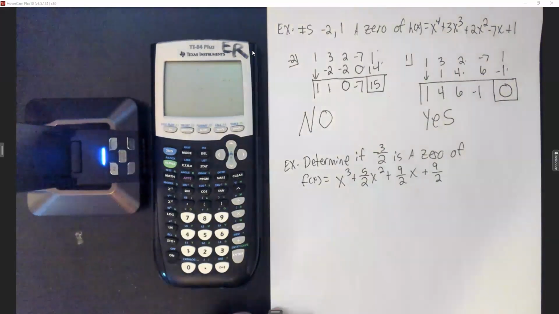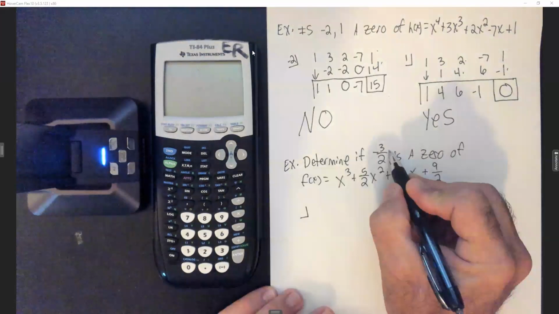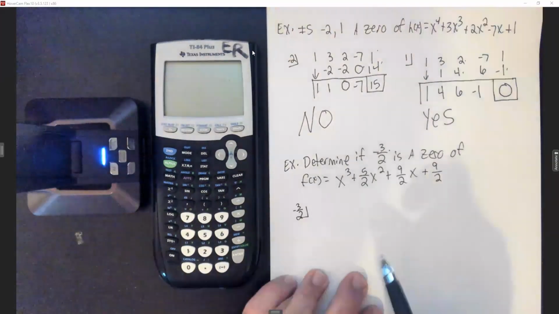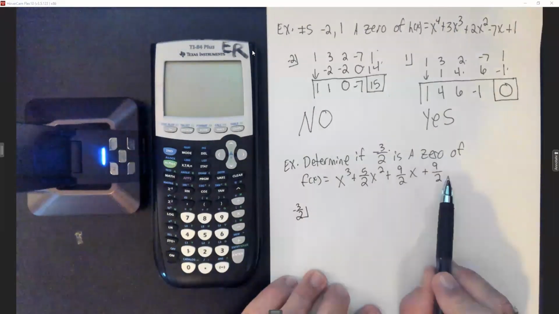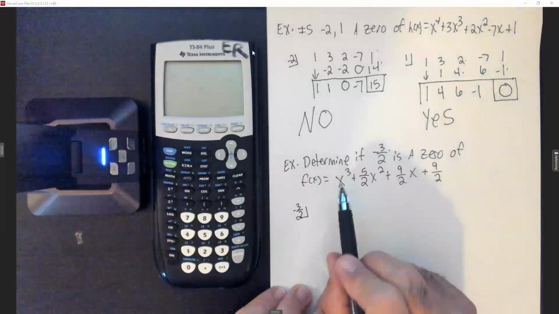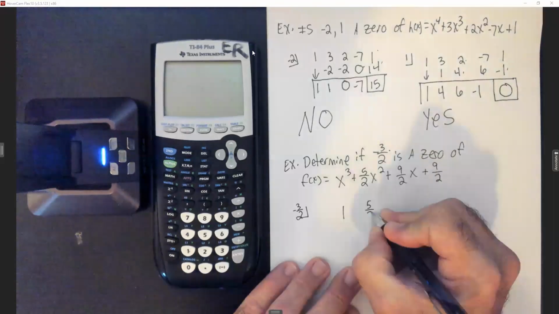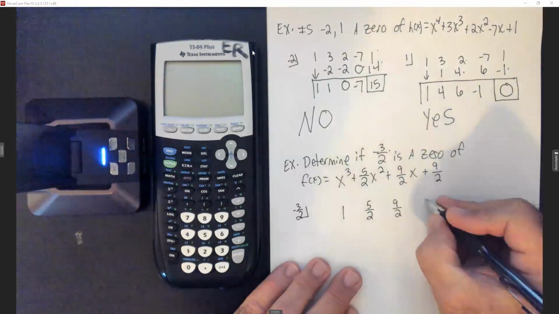So let's see, the root will be the negative 3/2. Let's see, I got my x cubed term, x squared term, x term, and my number. So the x cubed has a 1 in front of it. Then I got a 5/2, a 9/2, and then another 9/2.